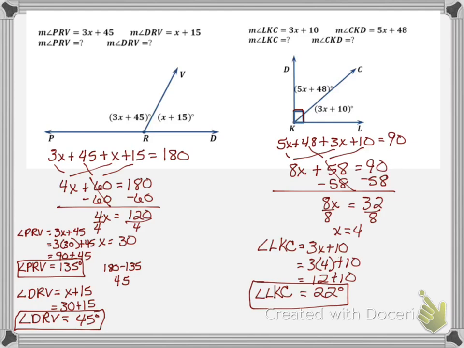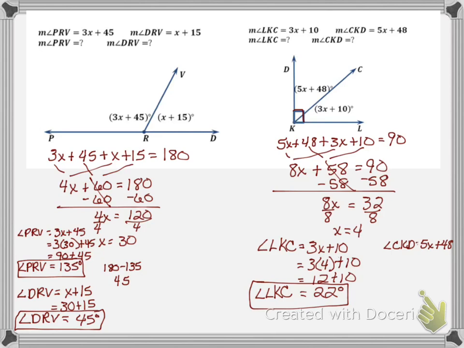Now let's look at the other measure, which is CKD. So angle CKD equals 5x plus 48. Now you can go ahead and subtract 90 from it, and should still be okay. 5x plus 48.